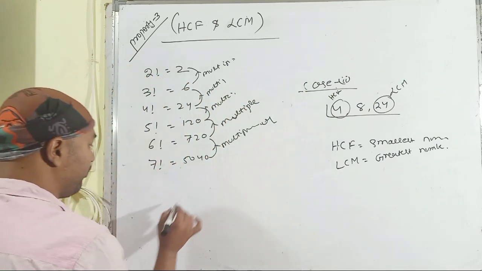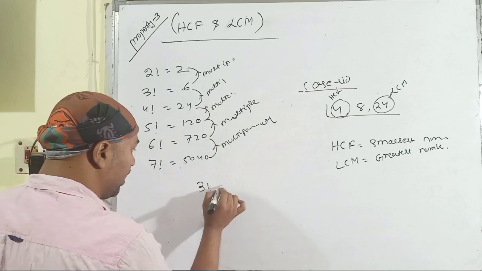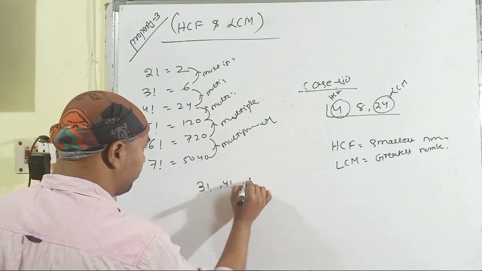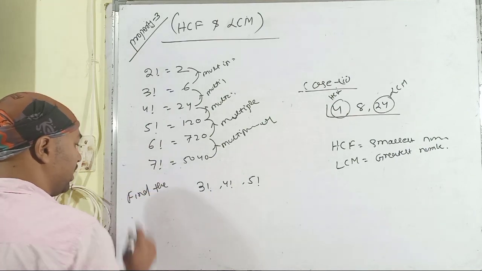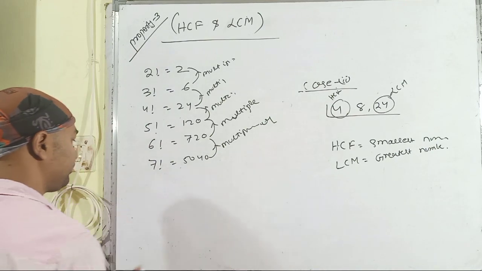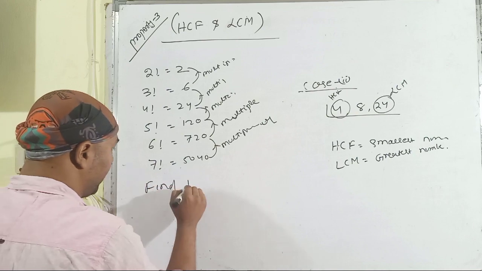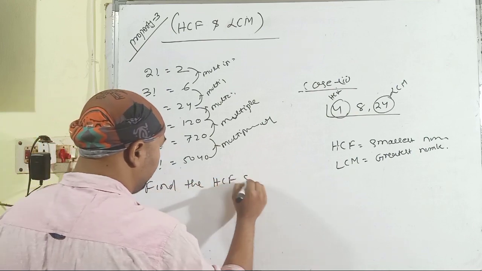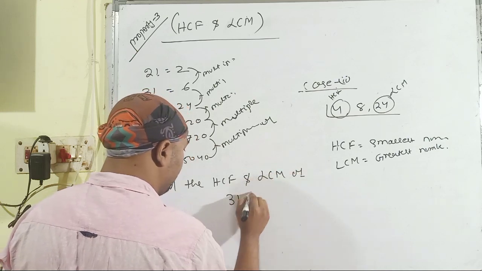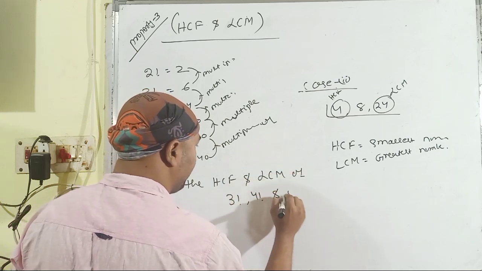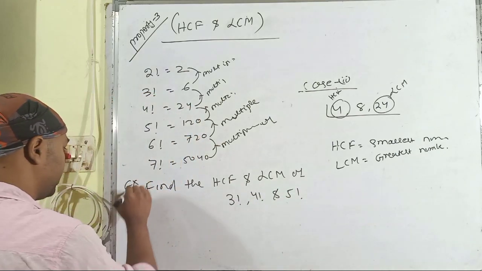Suppose I have a question here. Find the HCF and LCM of 3 factorial, 4 factorial and 5 factorial. This is the example.